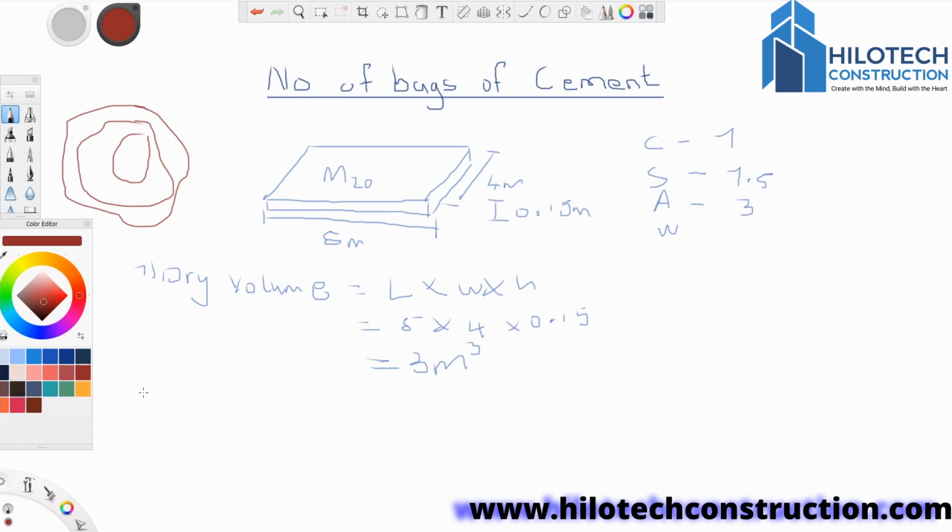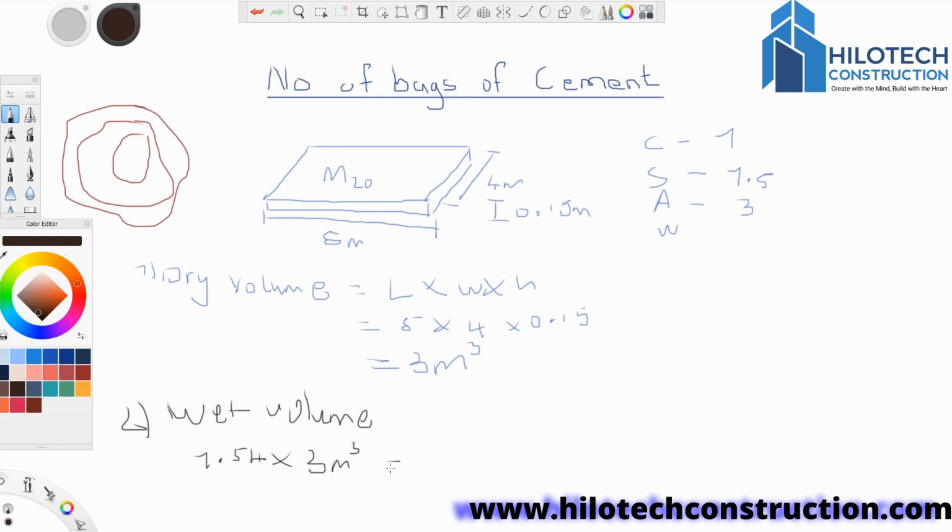So for us to get the wet volume of this concrete, it is always denoted as 1.54 multiplied by the dry volume, which in this case is 3 meters cubed.